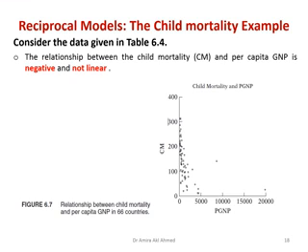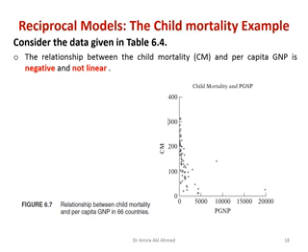From this figure, it is clear that as per capita GNP increases, child mortality decreases. This is expected, of course, because people can afford to spend more on health care, assuming all other factors remain constant. But according to this figure, the relationship is not a straight line.